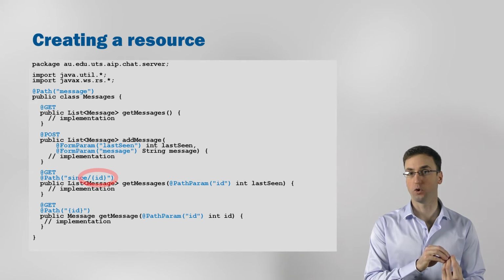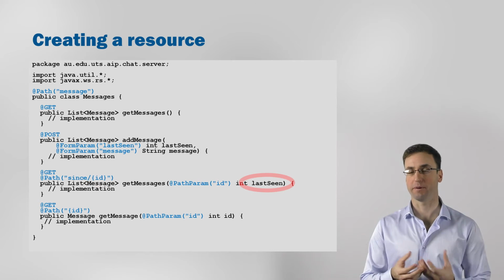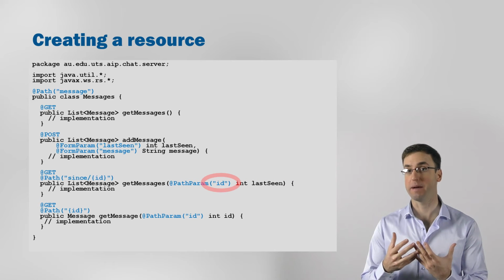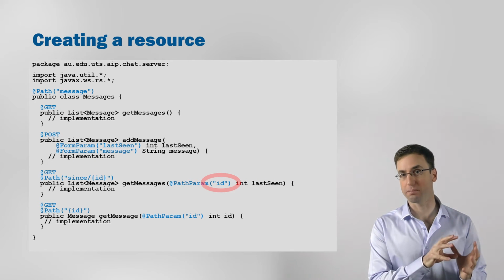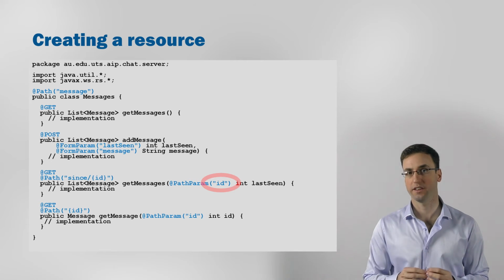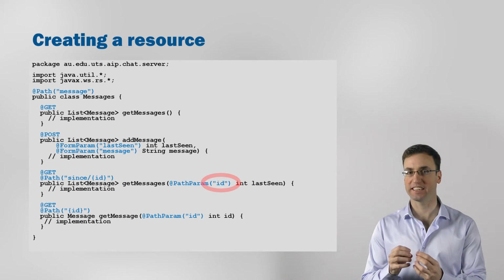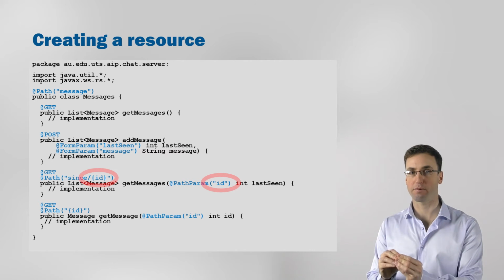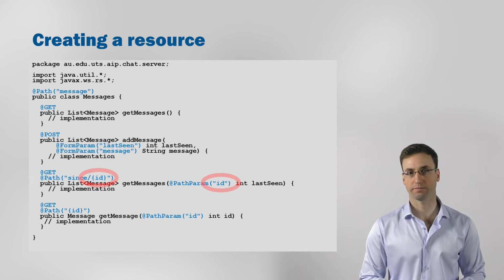This value is then automatically bound to the last seen parameter of the method. The name ID in the PathParam annotation is the same as the bit in the curly brackets of the Path annotation. So PathParam basically says, take that bit at the end of the URL matching the wildcard and make that a parameter to the function.